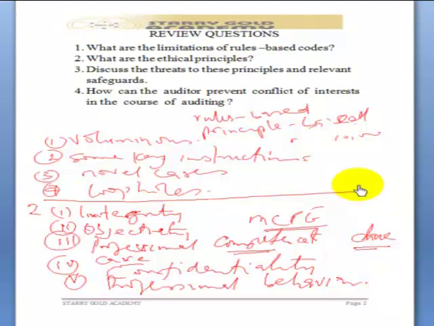So the next question says, discuss the threats to the ethical principles and relevant safeguards. I wish to say here that this is an examiner's interest, and this question could actually come out when you are writing your exam. Alright, so knowing the threats to the principles is very, very key. Okay, first one is self-interest.